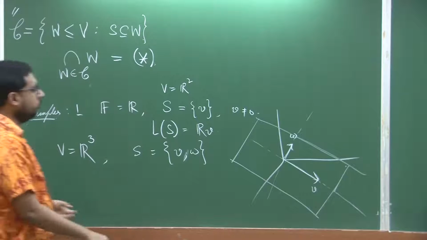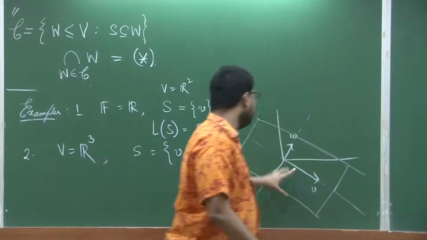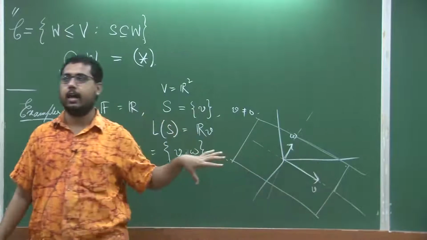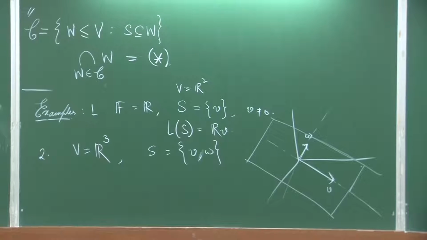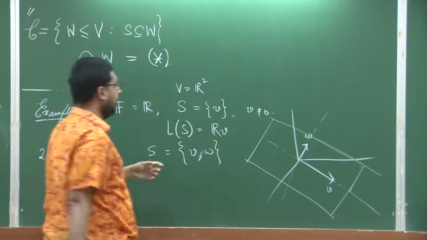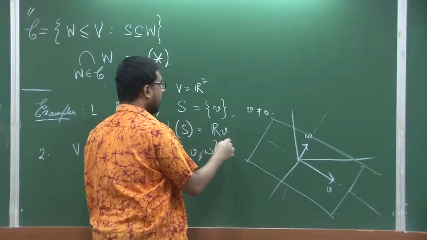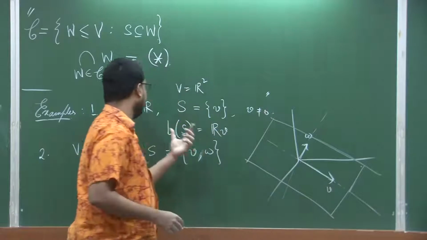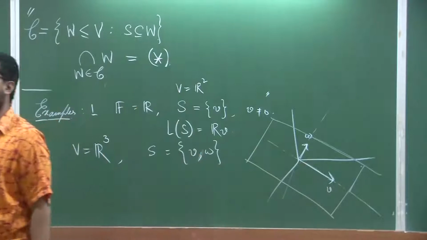So, we should expect that here as well, that given v and w, I should be able to express this plane as an equation. Of course, you can do that, but this is not quite as easy as the case of a line. So, here you need to do something more.